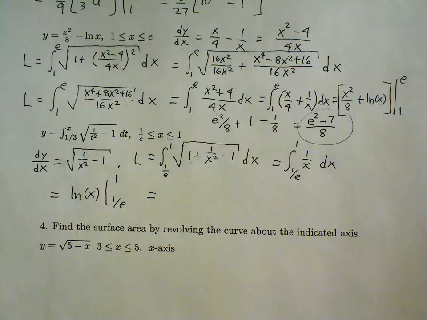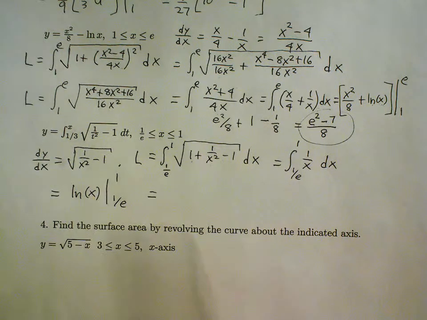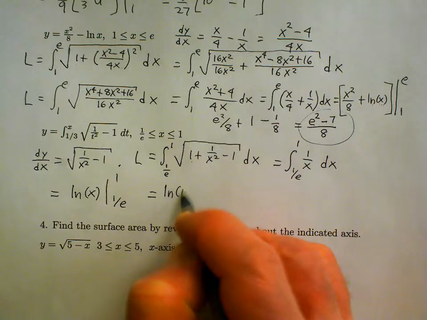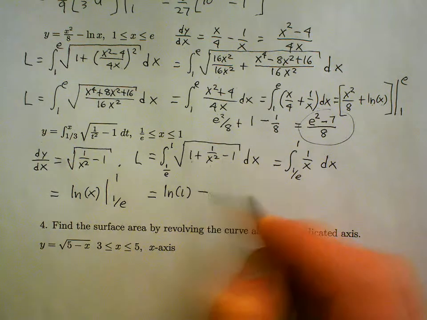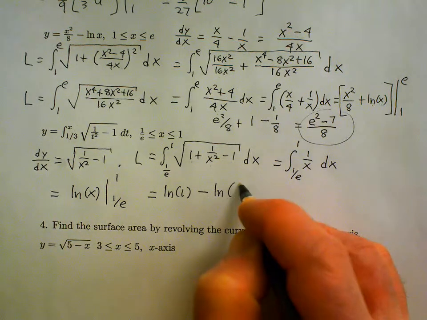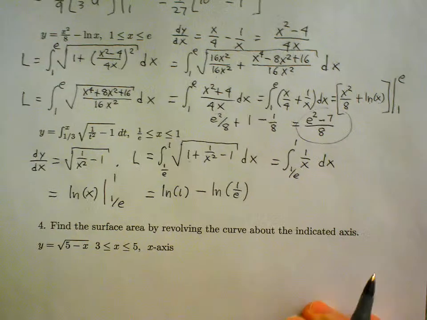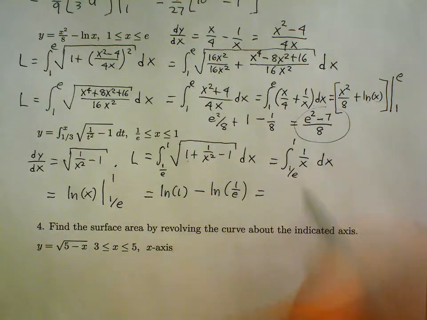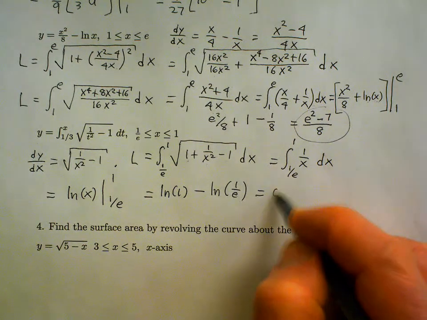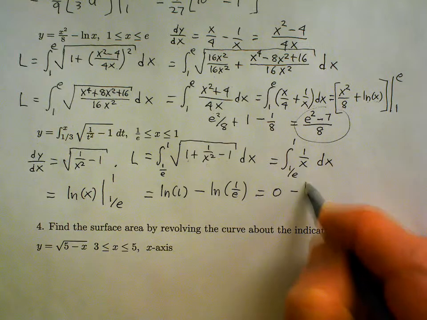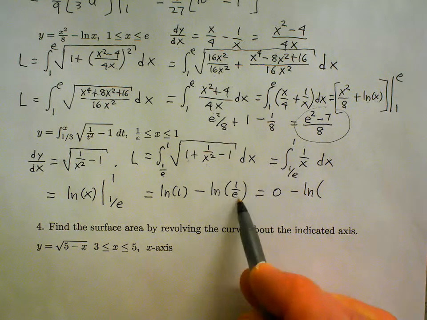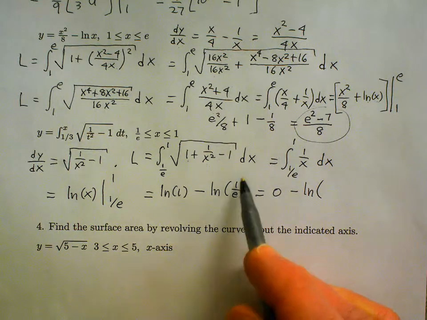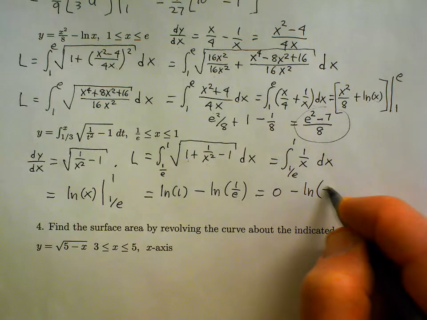I got 1. So if we do it step by step, when x is 1, we have the natural log of 1, and then minus the natural log of 1 over e. The natural log of 1 is 0. 1 over e is 1 over e to the first, or e to the negative 1.